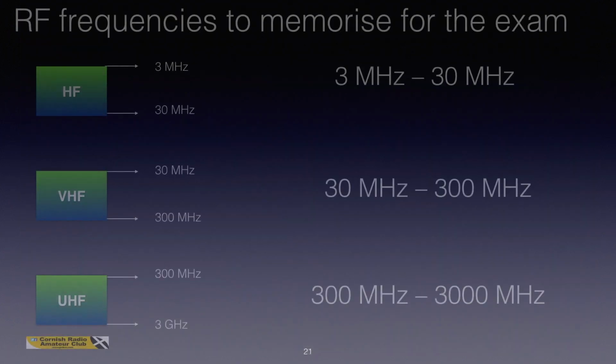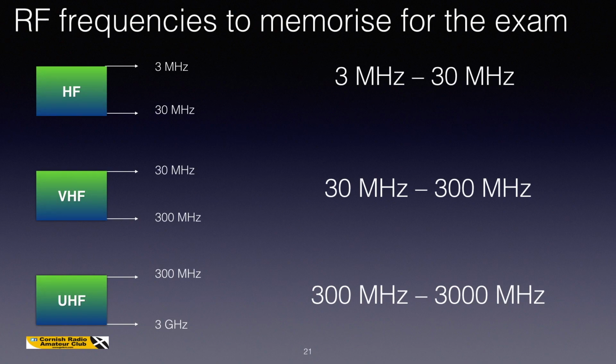So once again, the frequencies to memorise for the exam: 3 to 30 megahertz for HF, 30 to 300 for VHF, and 300 to 3000 for UHF. In a way, you've only got to remember the 3 to 30 because the other ones just simply build from that band edge up in with multiples of 10.